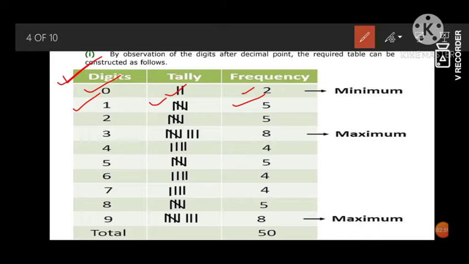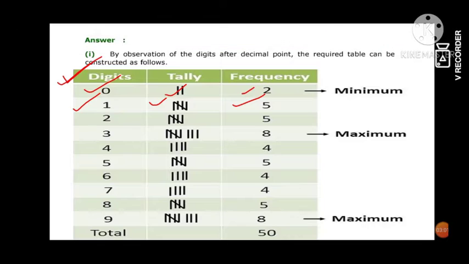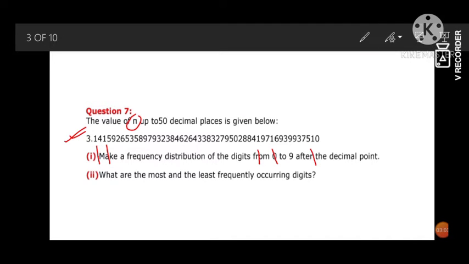Now let us see for 2, how many 2's are we getting? Again let us erase these marks and search for 2. We are going to see all the numbers after the decimal point. So here is 1, 2, 3, 4, 5, and there is no more.